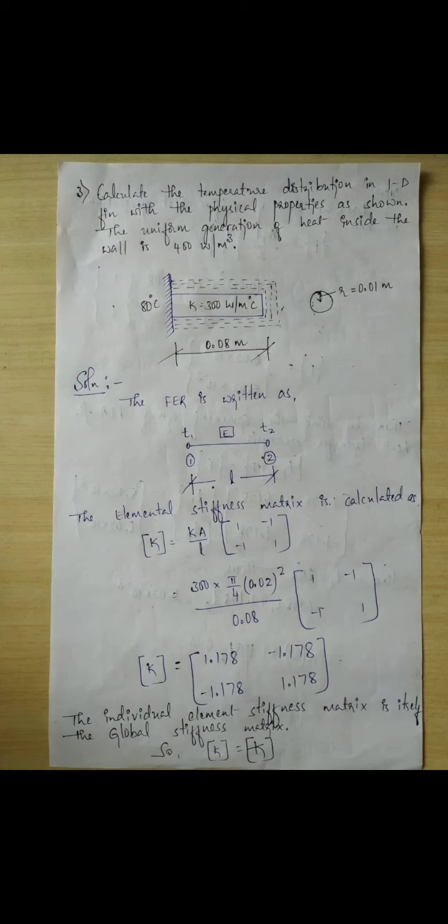Since there is only one element in the structural member, the elemental stiffness matrix itself becomes the global stiffness matrix. That is, small letter k is equal to capital letter K, which is equal to 1.178 minus 1.178, minus 1.178 1.178.